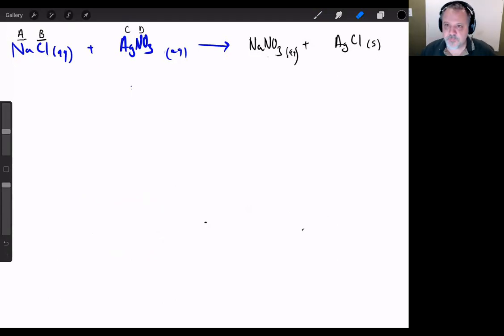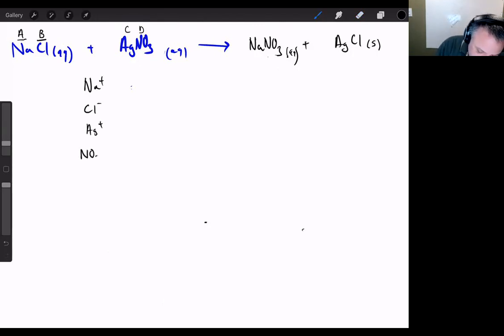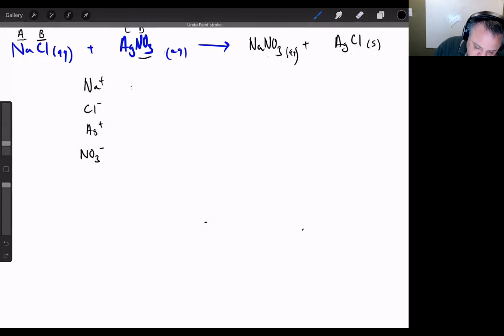Now, I picked this one on purpose because if you think about needing to be balanced, you have sodium ion, you have chlorine, you have silver ion. And what I tell my students is that because nitrate does not undergo a chemical change, it stays nitrate.